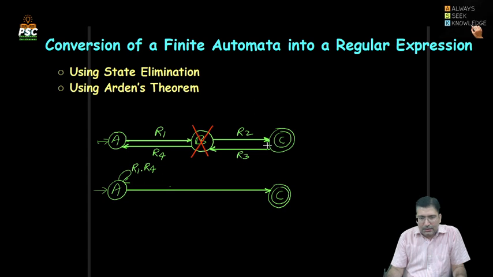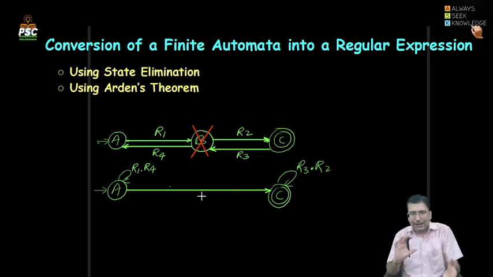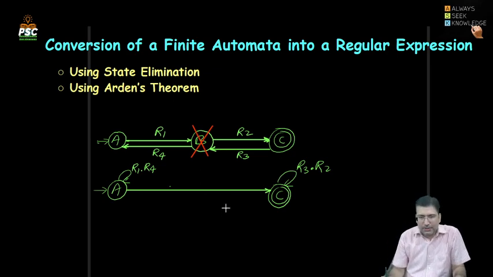Similarly on C, because B was having a kind of loop. So from C, if I follow this R3 regular expression, from B I can go back. So R3, R2, we need to consider there was a loop that should be existing if we eliminate any of these states from the automata, because we are trying to create an equivalent regular expression, right?